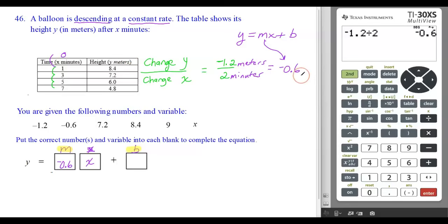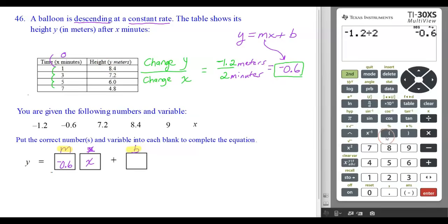Well, this is the piece you need to look at, right? This is telling us that each minute, the balloon goes down by 0.6 meters. So what I'm going to do is take this 8.4, and since I'm going backwards, I'm going to have to add 0.6.